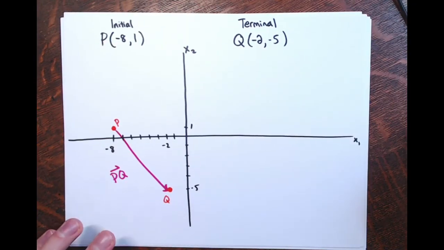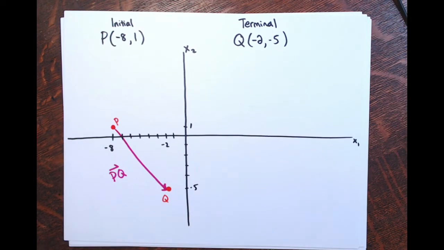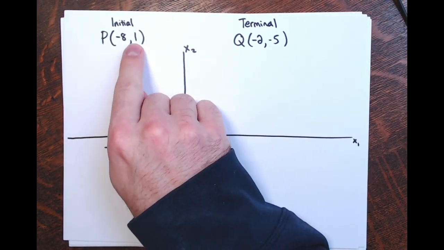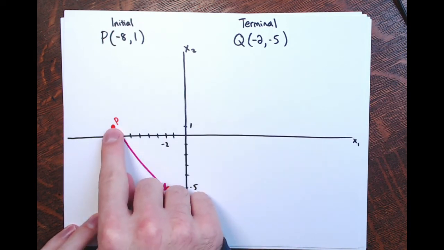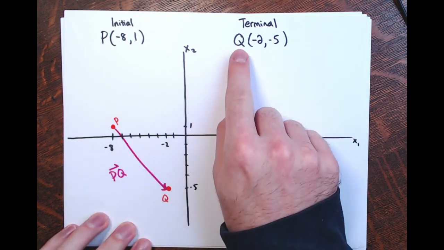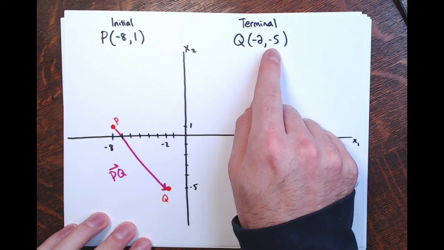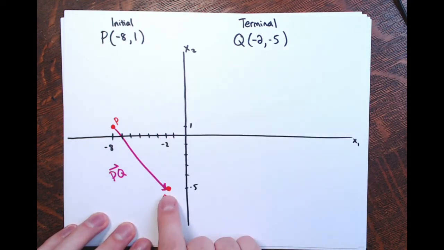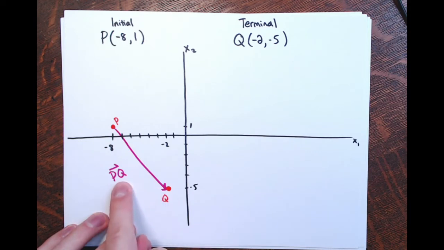So what I've done, they told us we had a vector with initial point P, the point negative 8, 1 in R2, and terminal point Q at negative 2, negative 5, so that's down here. So here's the vector, this arrow, P to Q. Initial point P, terminal point Q, a little arrow over it. There's the vector PQ.